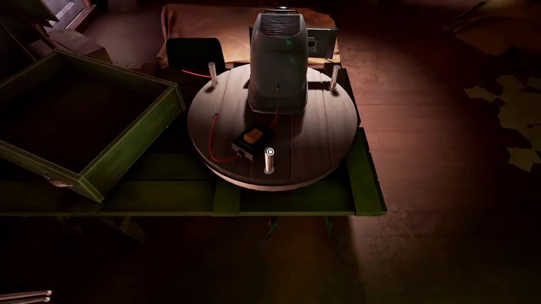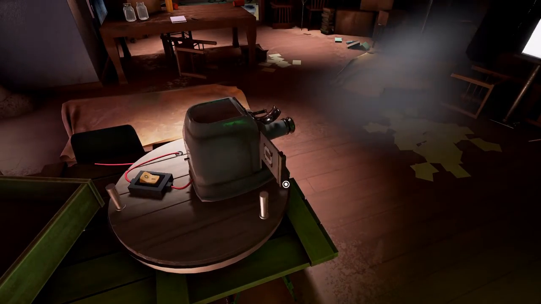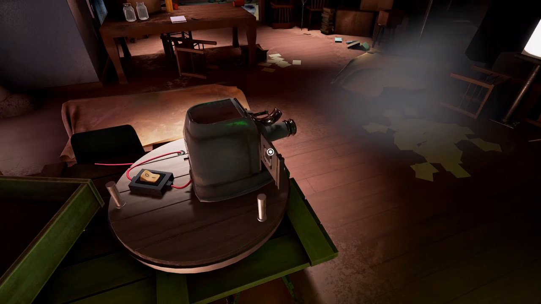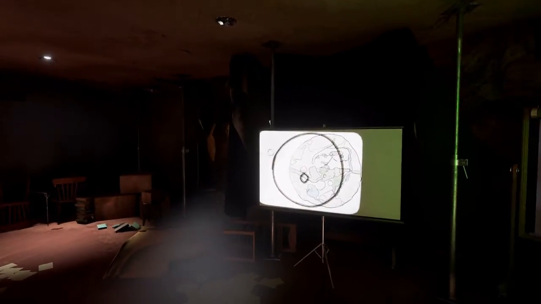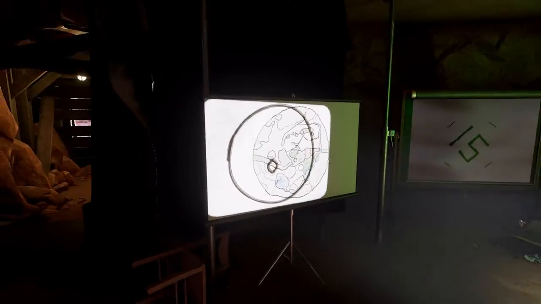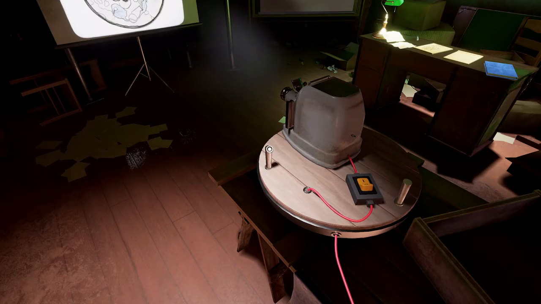No. Okay. I'm gonna put it right back where it was. That wasn't there. Oh no, I can't realign it. Alright, let's try this. There we go.